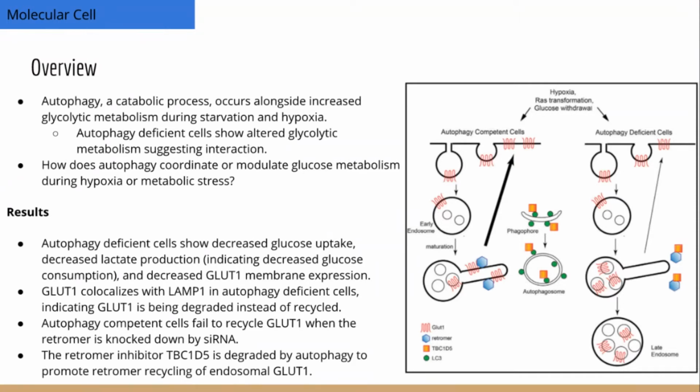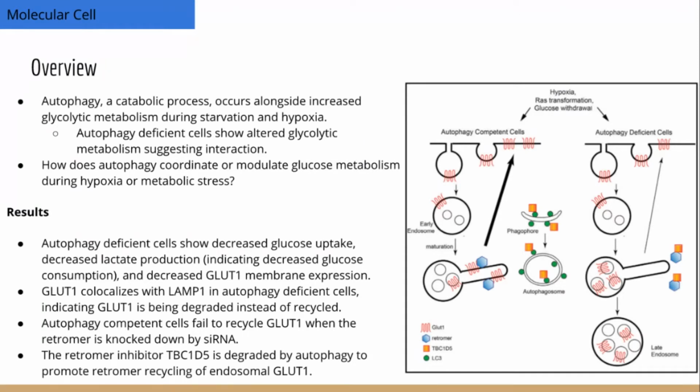The retromer inhibitor, TBC1D5, was found to be degraded by autophagy in normal cells to promote retromer-mediated recycling of endosomal GLUT1. So the inhibitor of the retromer is normally degraded by autophagy, and this unleashes the retromer to allow recycling of GLUT1.